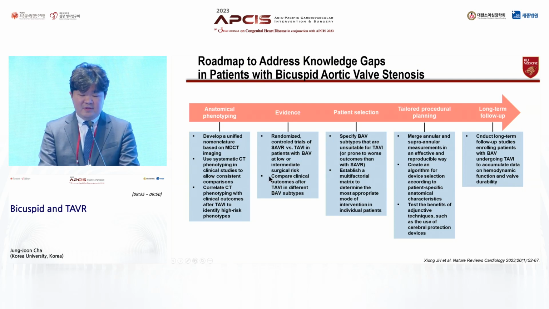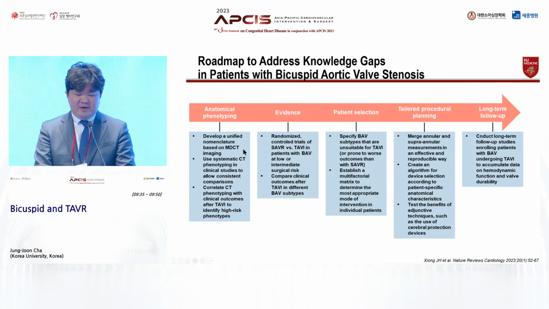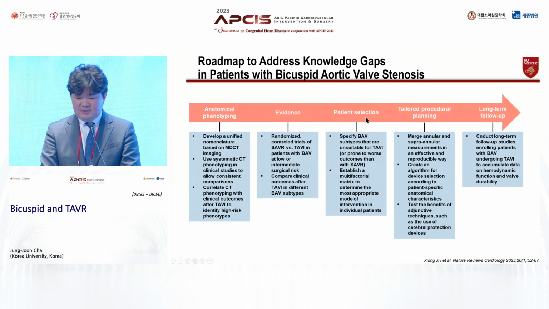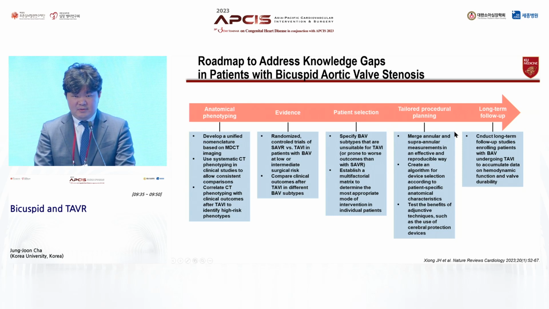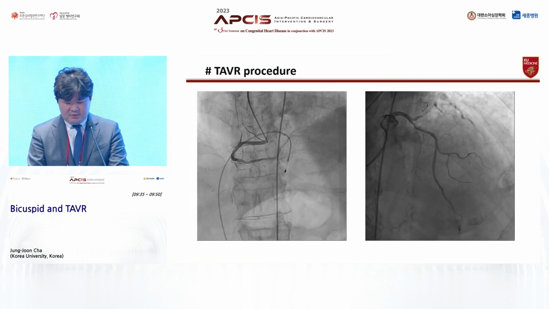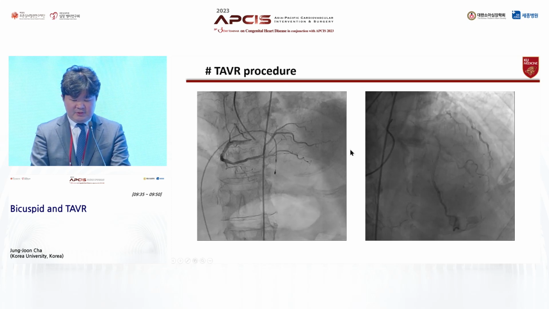First, we think we have to develop a unified nomenclature based on MDCT imaging, and also patient selection, tailored procedural planning, and long-term clinical follow-up should be addressed to reduce the knowledge gaps.